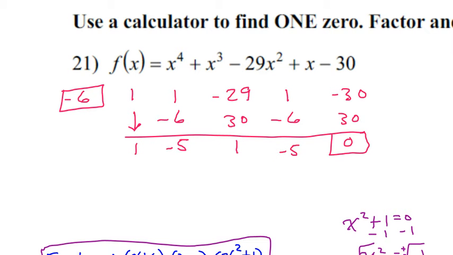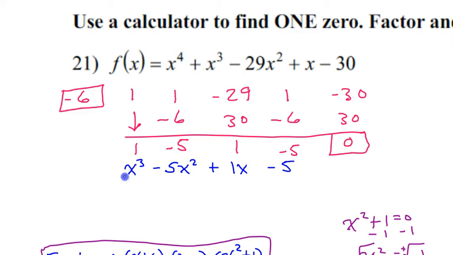So obviously grouping is going to work. So if I put the variables back in right now, I'm going to have x to the third power minus 5x squared plus, and I'm going to keep the 1 there for now, plus 1x and then minus 5.